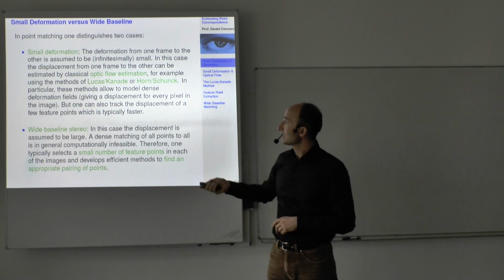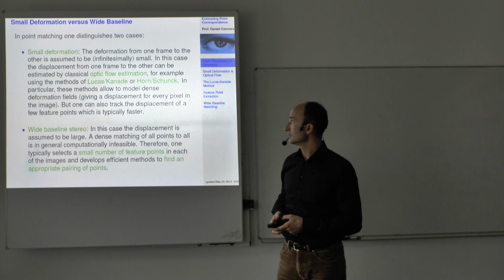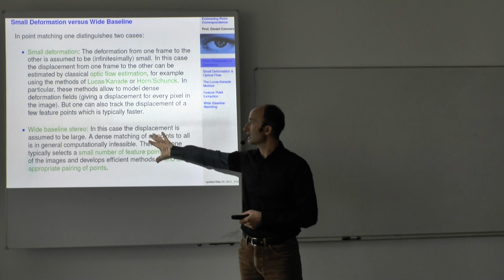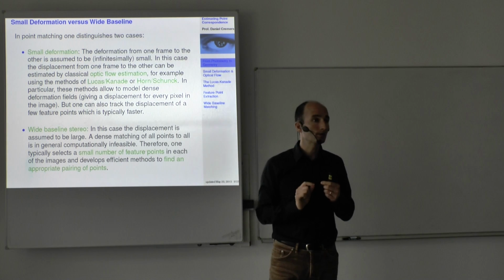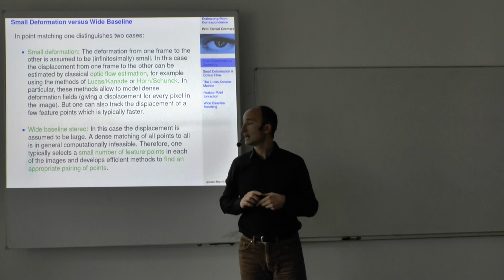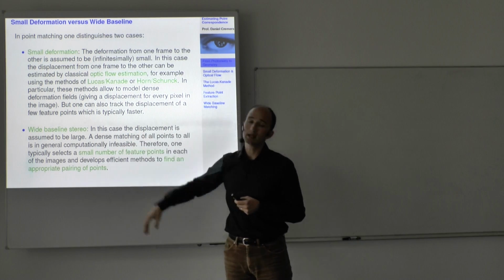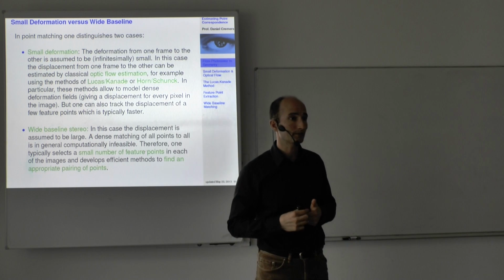The wide baseline case is, as I said, a different case. And in that case, we don't have the small motion assumption anymore. We may have substantial motion. And this is different in the sense that in the wide baseline case, to date, people use different algorithms.